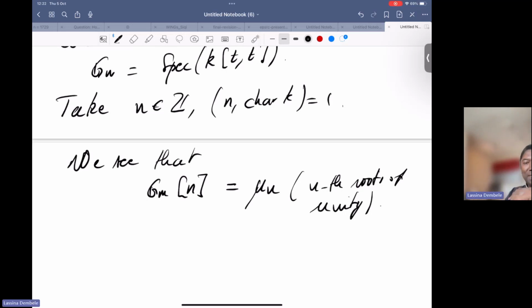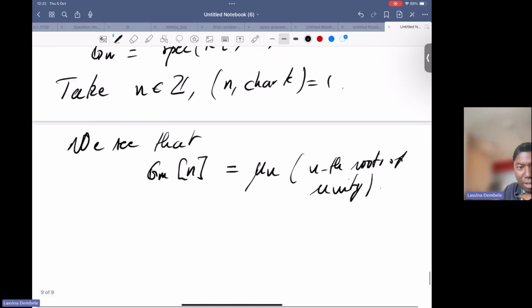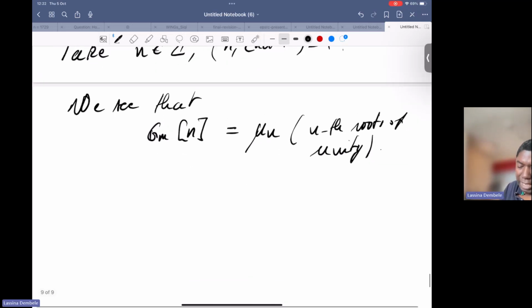And so we can basically mimic what we just did for the n-torsion of an abelian variety.